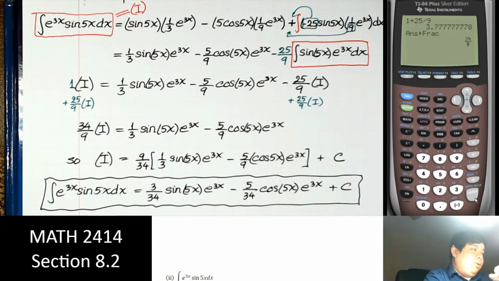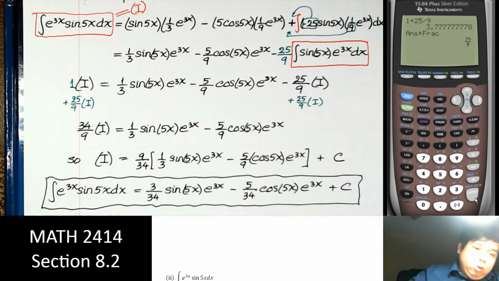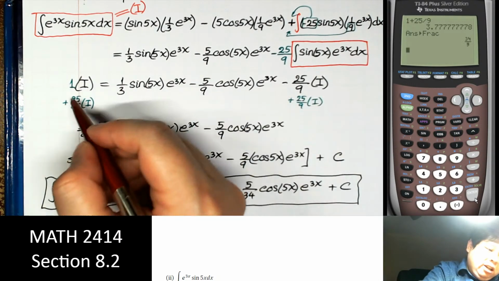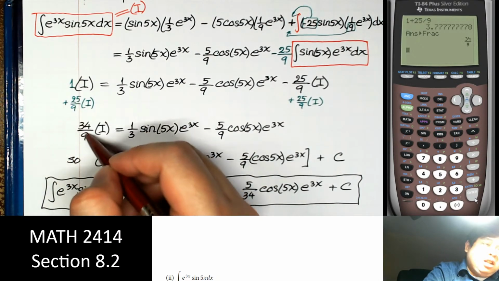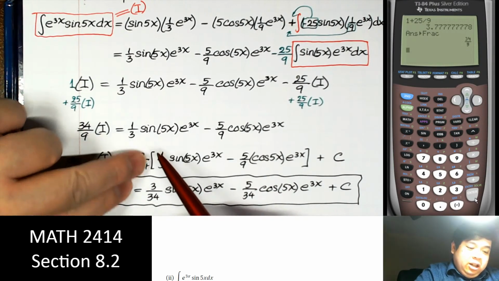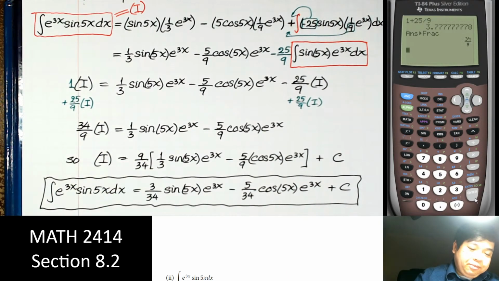That's on the calculator. So we move this to the other side, and we add 25 over 9, and 1 and 25 over 9 is 34 over 9. Multiply by the reciprocal, 34 over 9 becomes 9 over 34.